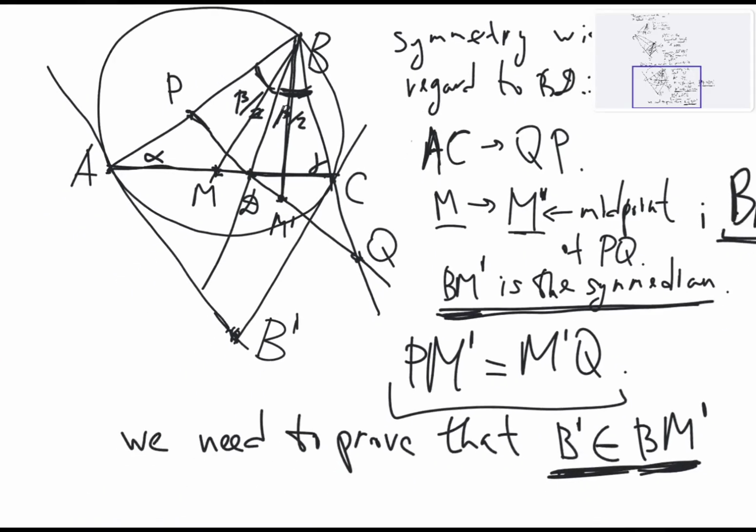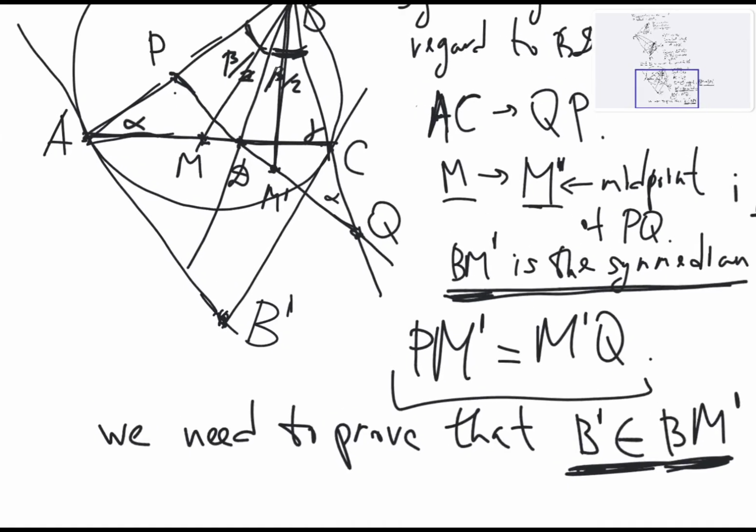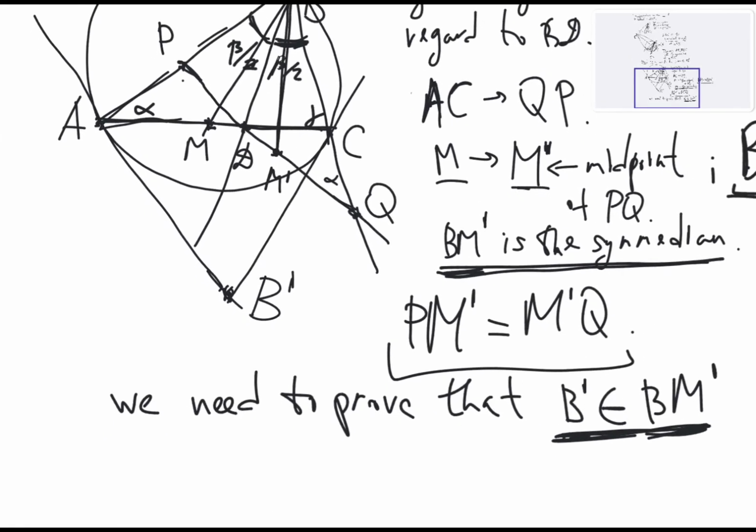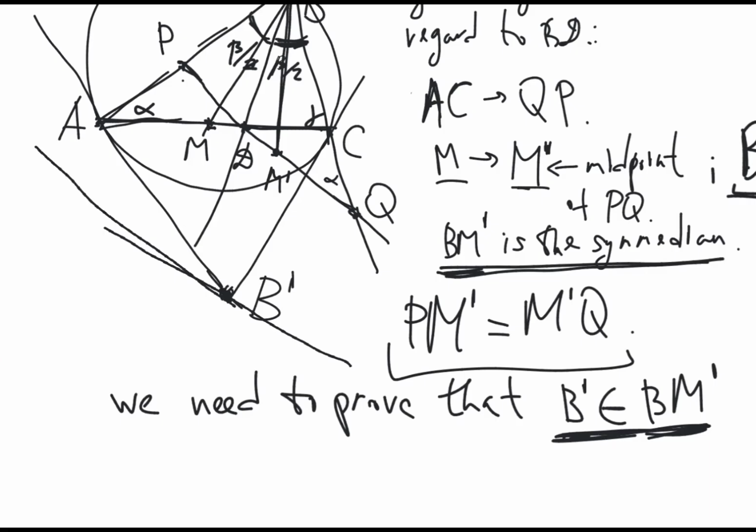Now we draw a line parallel to PQ through the point B prime. So we draw a line like this until this intersection.